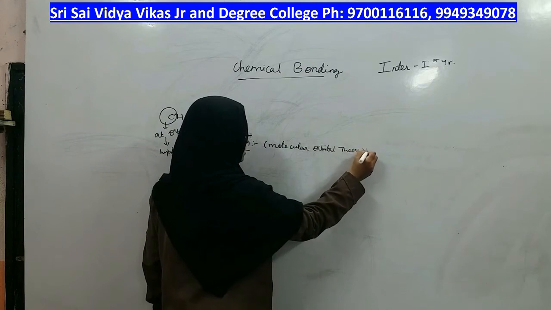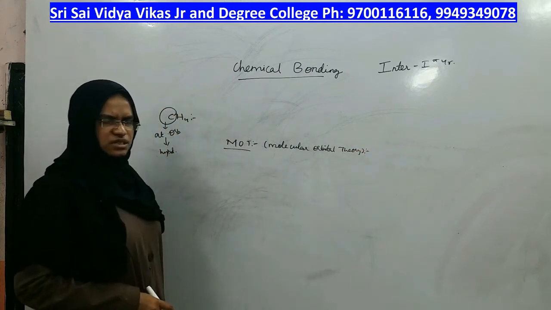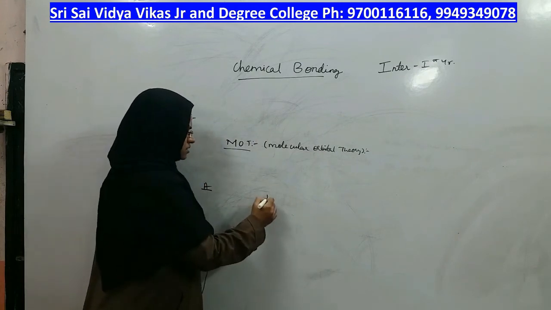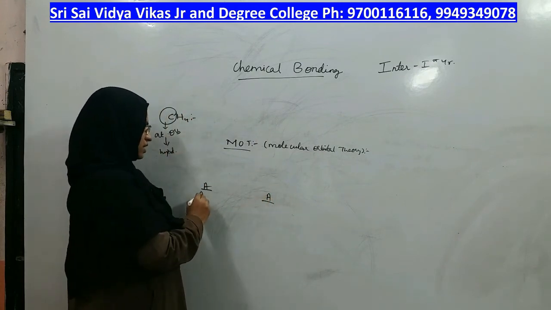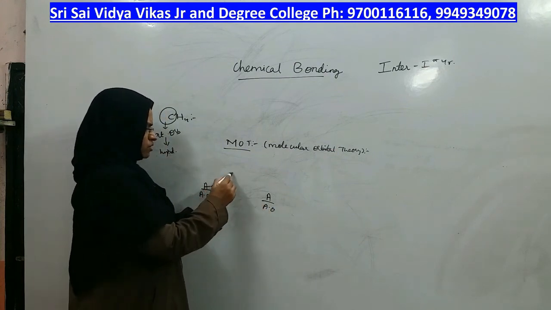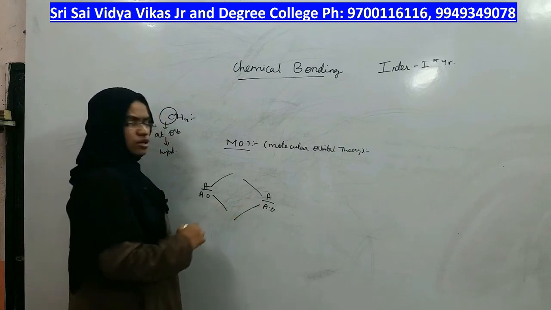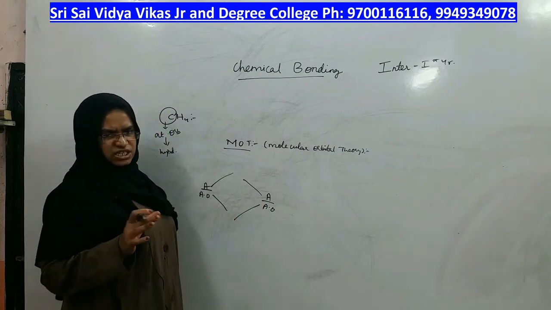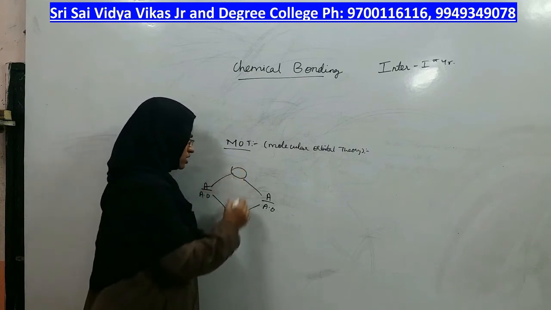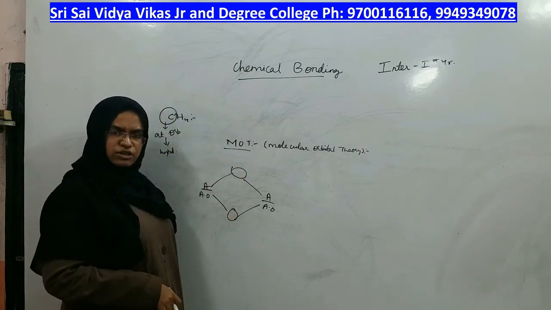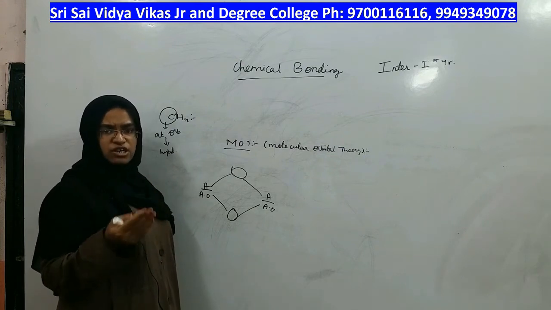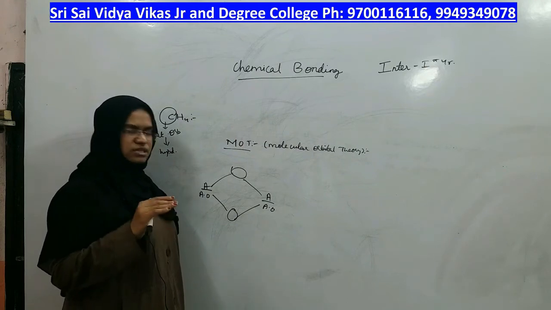According to this theory, what they say is, atomic orbitals present in the atoms overlap with each other or combine with each other to give molecular orbitals, and in the molecule atomic orbitals will not be there, and what is there is molecular orbitals.